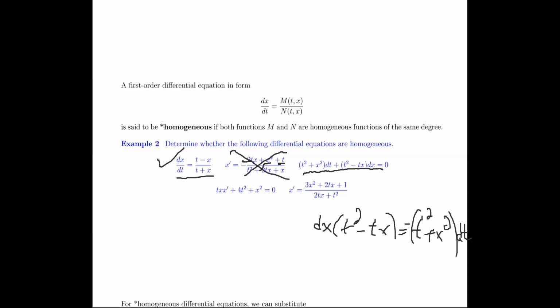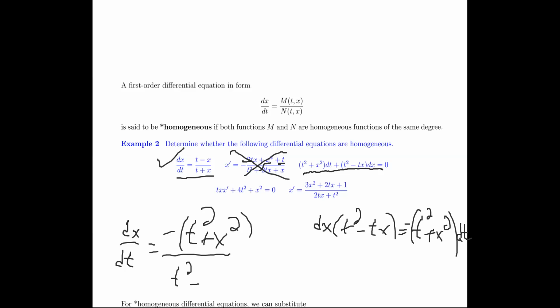And then we can divide by dt on both sides, so we get dx dt, and divide the t squared minus tx through on both sides, so we get negative t squared plus x squared all over t squared minus tx. Well, in the numerator, we get a homogeneous function of degree 2. In the denominator, we get a homogeneous function of degree 2. So this is a star homogeneous differential equation.